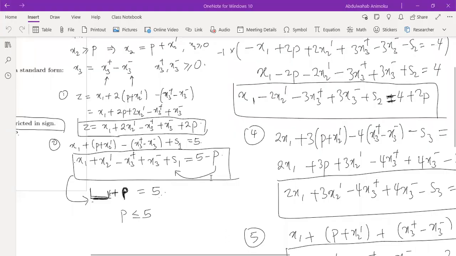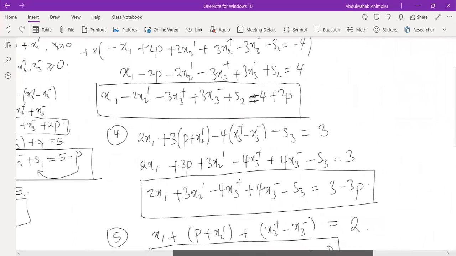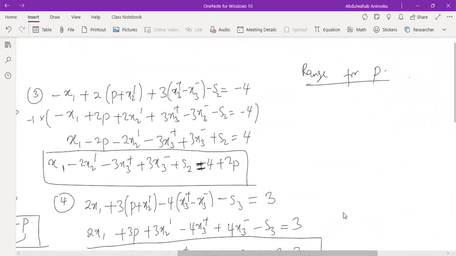When we take a look at the possibilities, we'll basically check these conditions to see which range works for P. So basically we look at P less than or equal to 5. So let's just come to the right-hand side and write everything down. For the second one, what do we have?